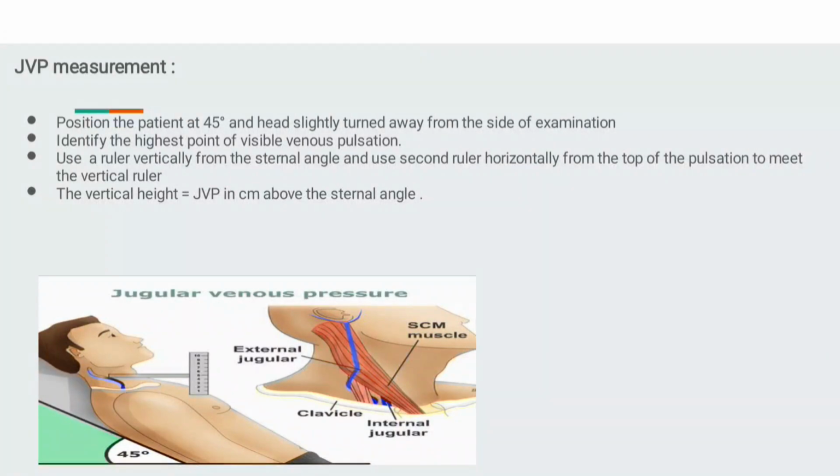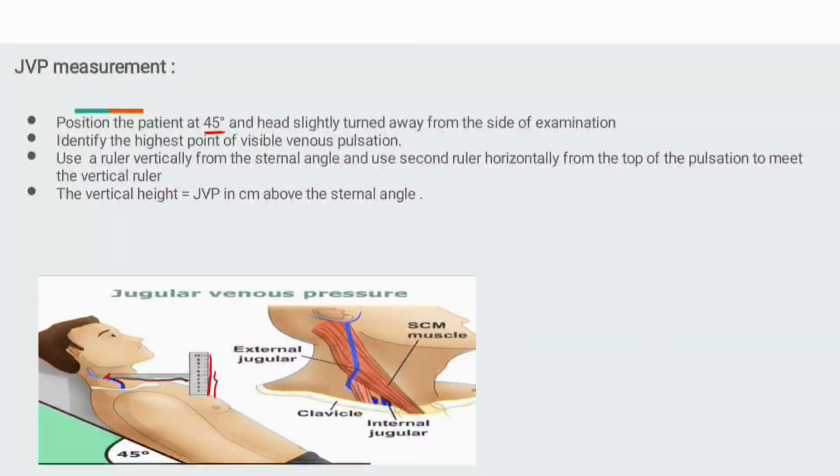Next, how is JVP measured? Position the patient at 45 degrees with the head slightly turned away from the side of examination. Then identify the highest point of the venous pulsation like this, and use a ruler vertically from the sternal angle, and use a second ruler horizontally from the highest pulsation to meet the vertical ruler like this.